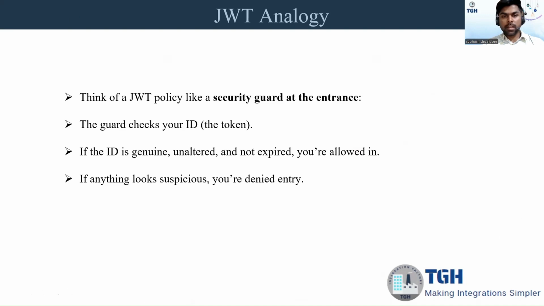I'm going to use an analogy of how the JWT policy will work. Let us think of this policy as a security guard at your college gate. The security guard will validate your ID card before allowing you into the college. Similarly, this policy will validate the token to allow access to the services.